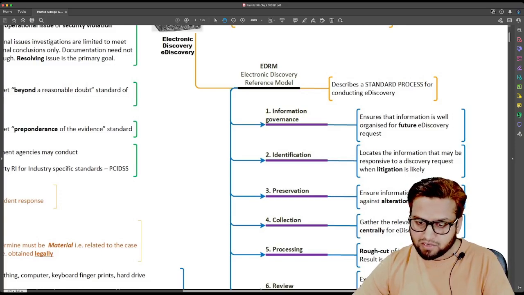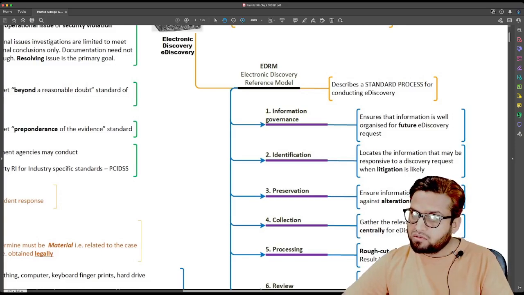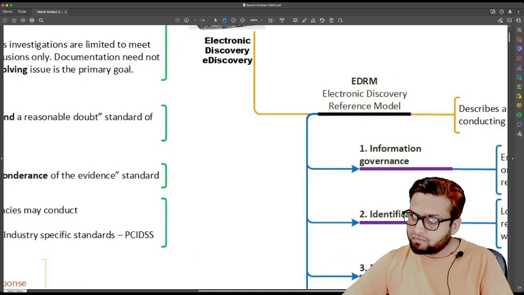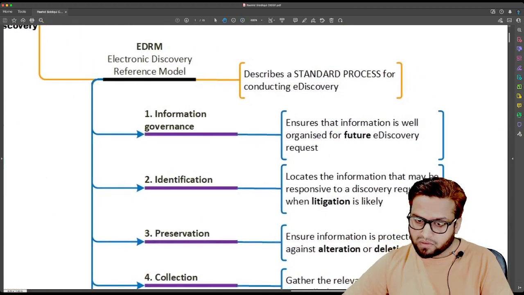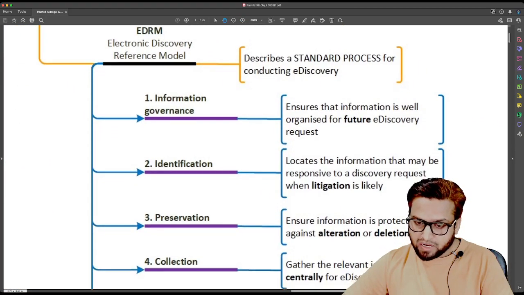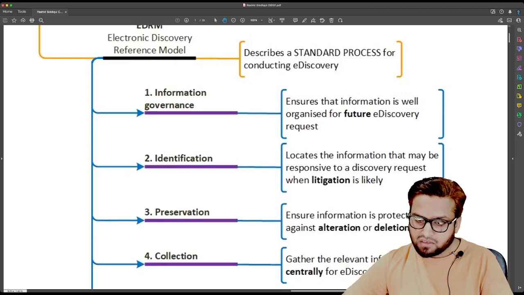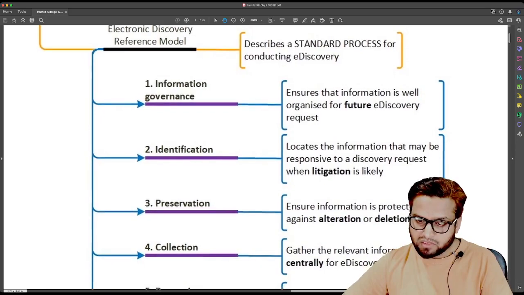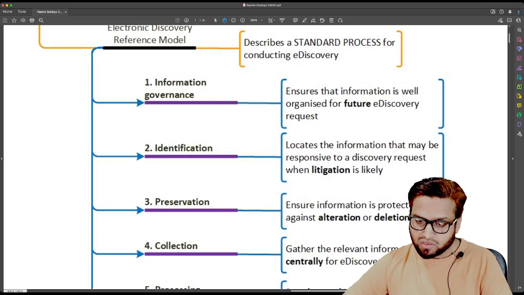Now after information governance, let me just zoom it in a little bit. Then comes identification. Identification locates the information that may be responsive to a discovery request when litigation is likely.